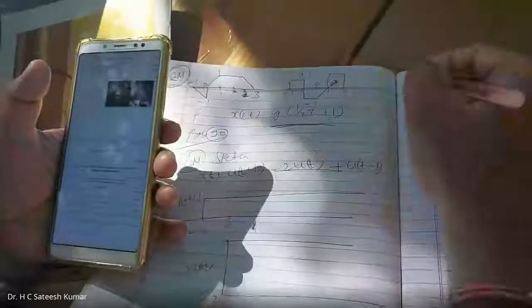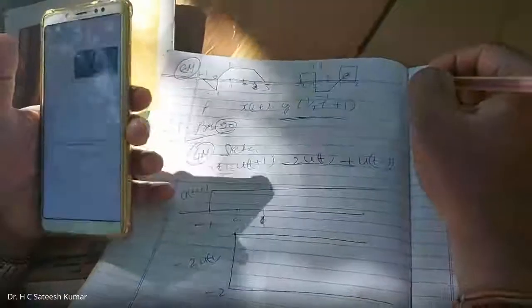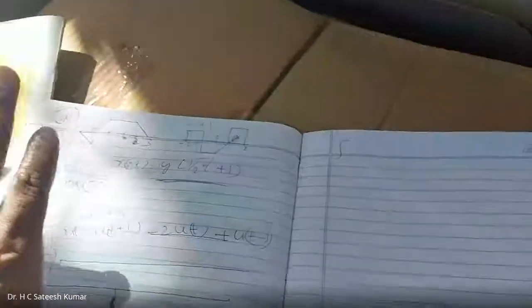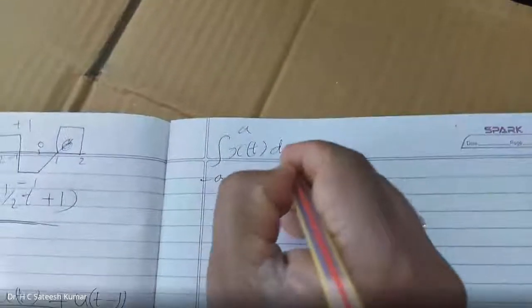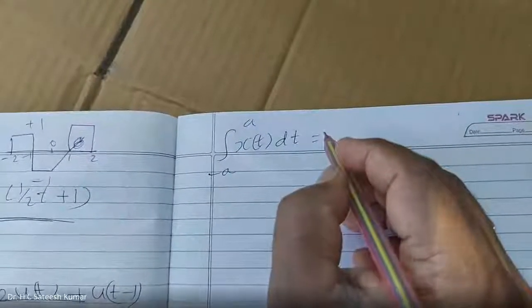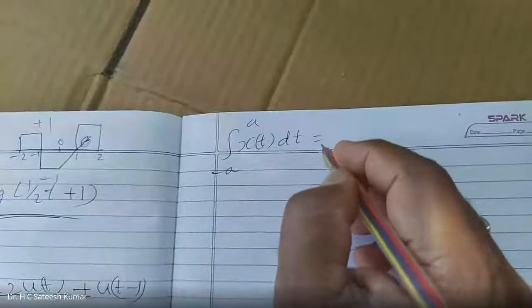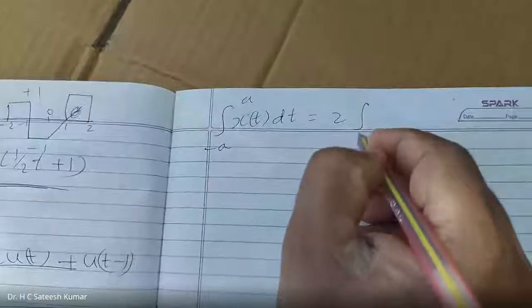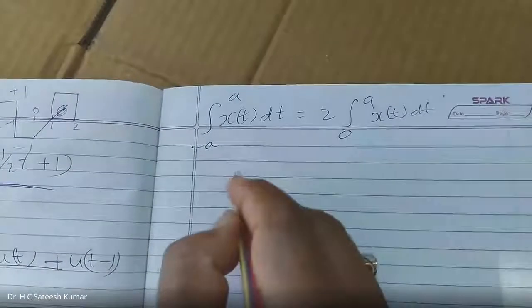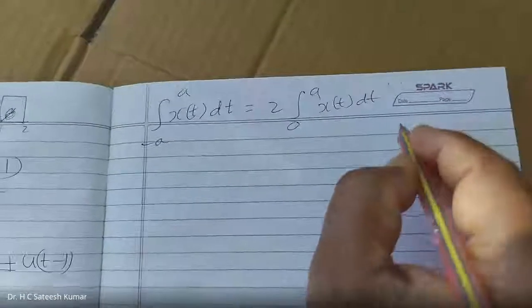This also is asked. Same kind of problem I did. Integration from minus a to plus a of x of t dt is equal to 2 times integration from 0 to a of x of t dt if x of t is even.